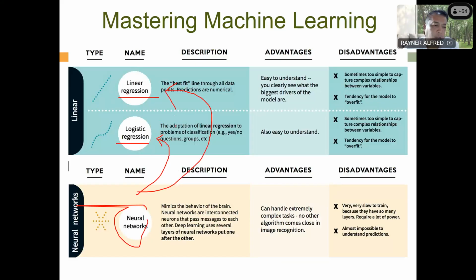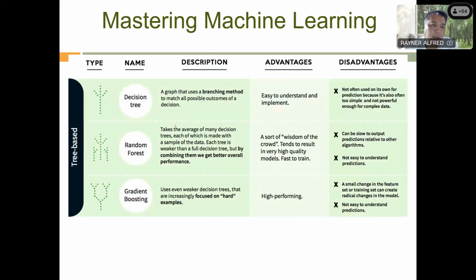The good thing about neural network is they are more flexible. For decision tree, we will learn about decision tree. Once we have one model, we can have multiple models. Later on, you will learn about that.